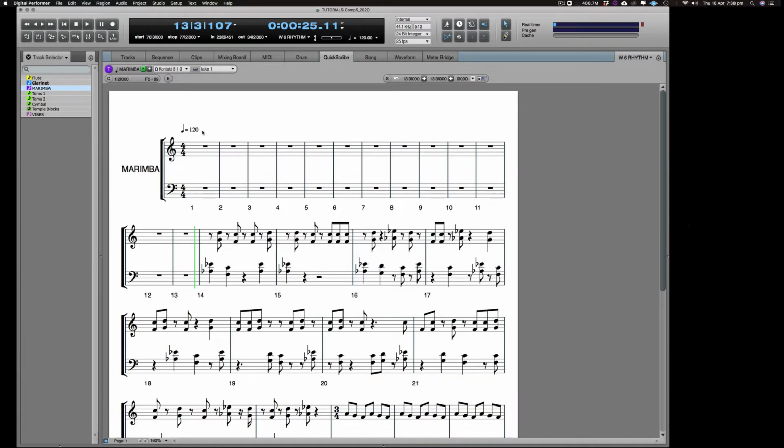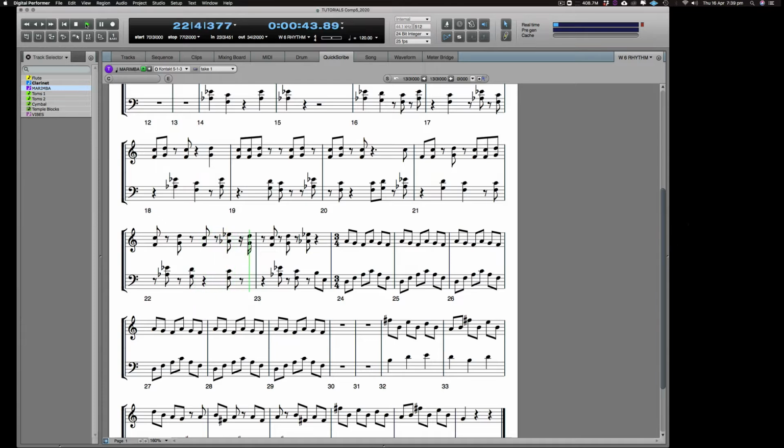So the idea here is to present a very playable part that also has some interest harmonically. Okay, so that first part there.